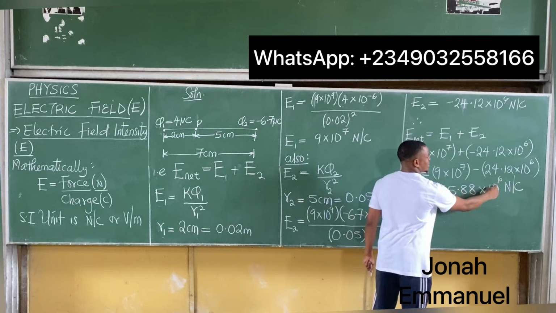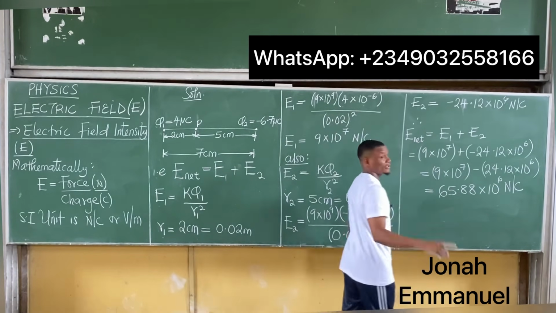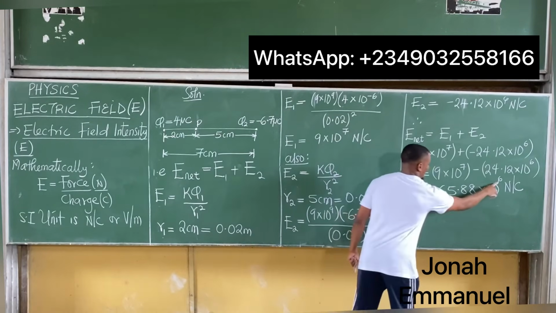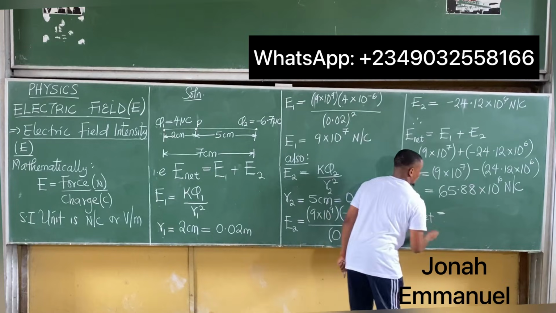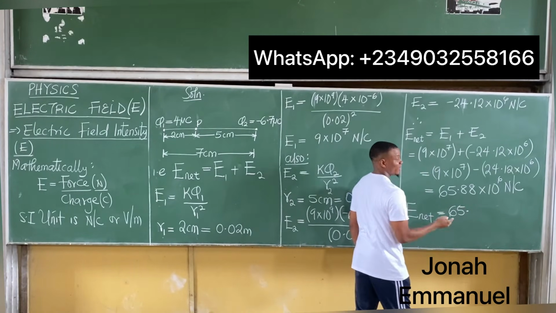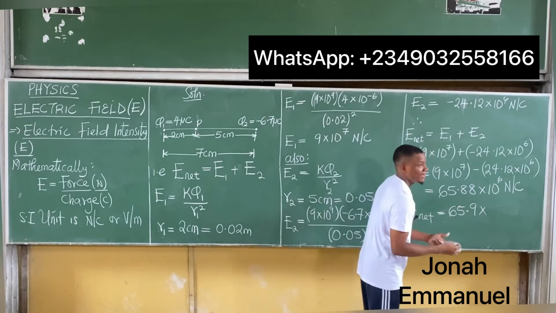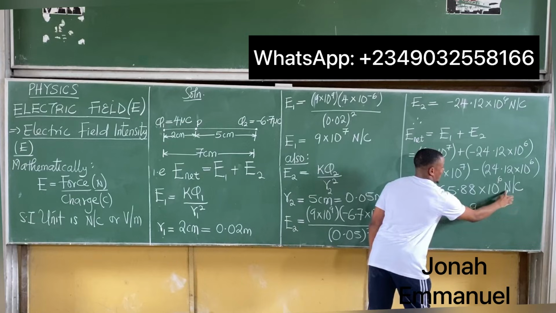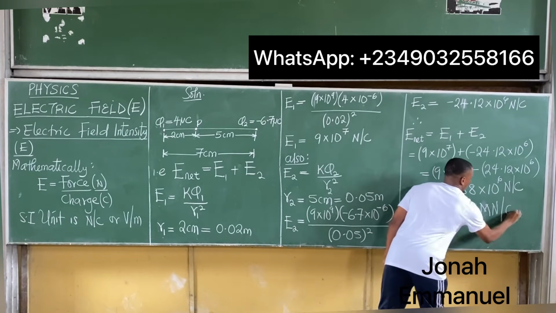Now check this out, please. 10 to the power 6 is what? That's not micro. That's mega. Yes, the power 6 is mega. So that means E net, the net electrical field, is equal to 65.88, perhaps you can use 66 approximately, times 10 to the power 6, which is mega Newton per coulomb.